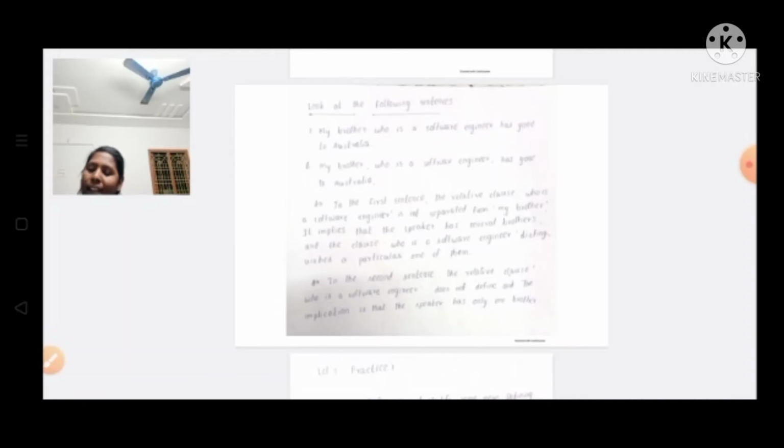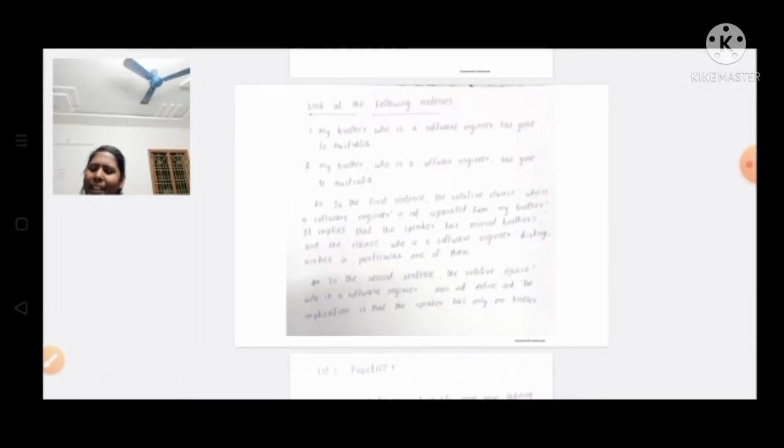In the first sentence, the relative clause, who is a software engineer, is not separated from my brother. It implies that the speaker has several brothers, and the clause, who is a software engineer, distinguishes a particular one of them.